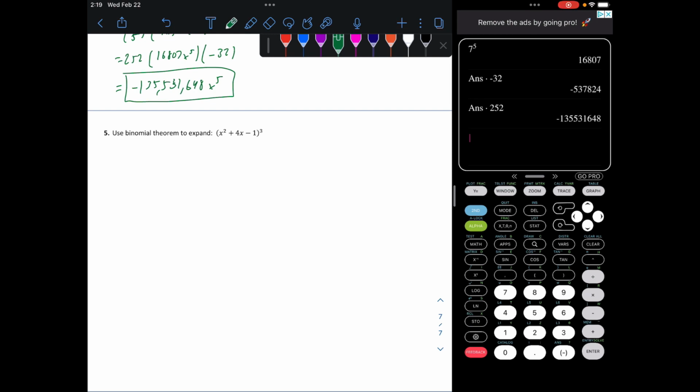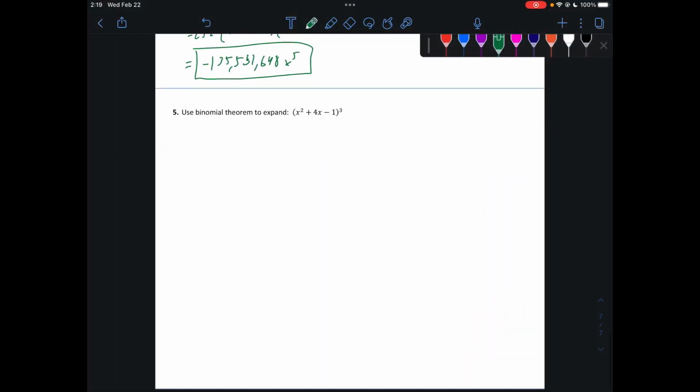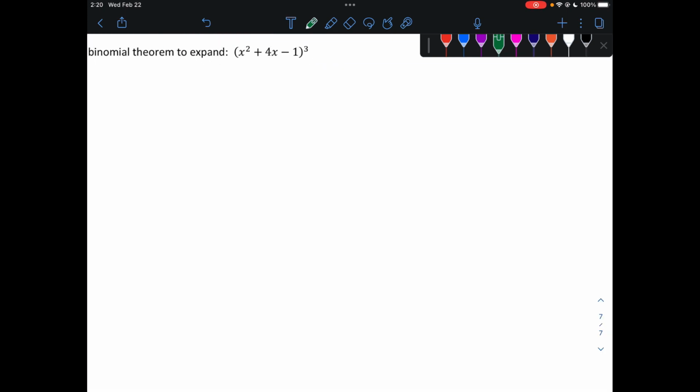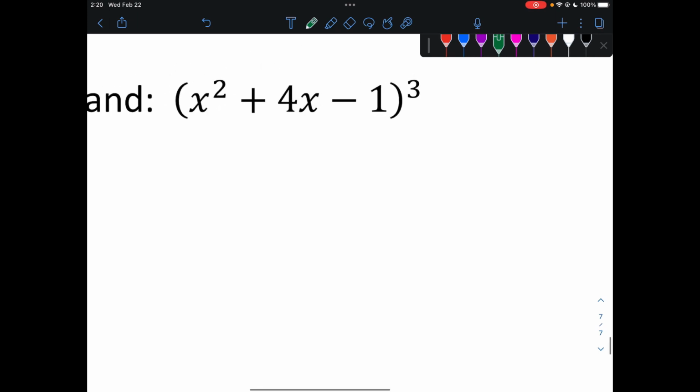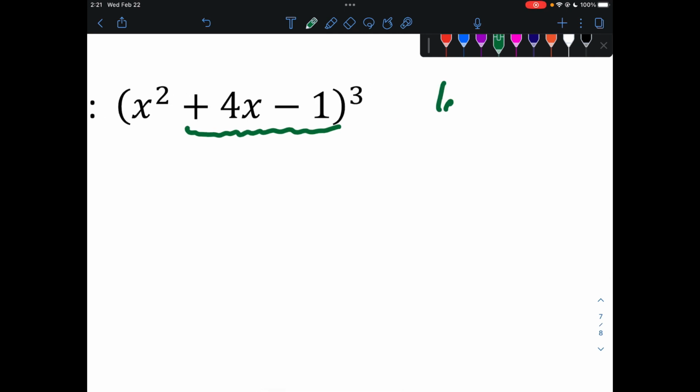Okay, so in the next one, let's get rid of the calculator here. So you might be thinking, how do we use the binomial theorem to expand a trinomial? Well, the first trick is to assign a new variable to turn this from a trinomial into a binomial. So let's just make up another letter here. We'll let u equal 4x minus 1.